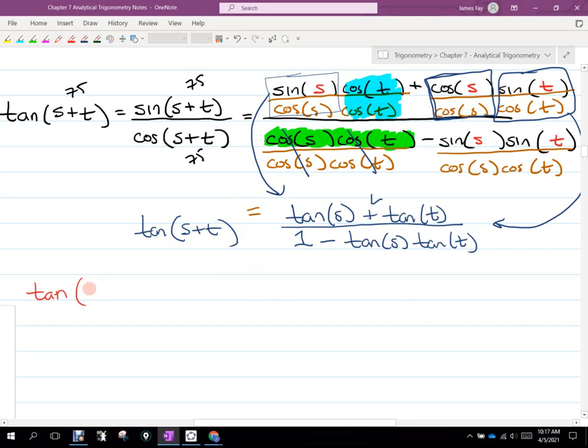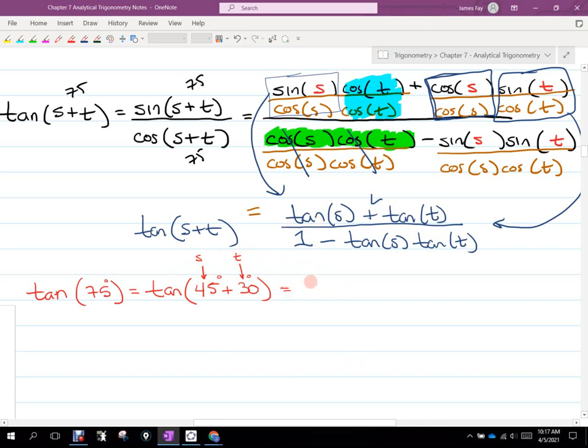But let's say I want the tangent of 75 degrees. I think most of us would probably agree that taking the tangent of 45 plus 30 would be equivalent to that, right? And in our formula, 45 is going to be the S, and 30 is going to be the T.